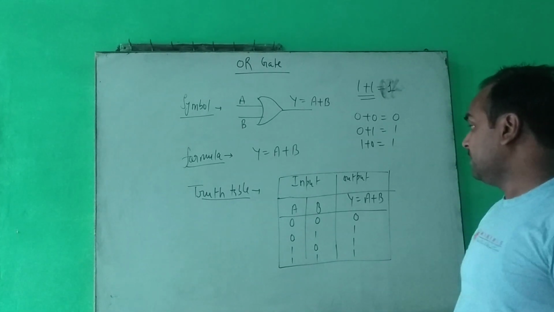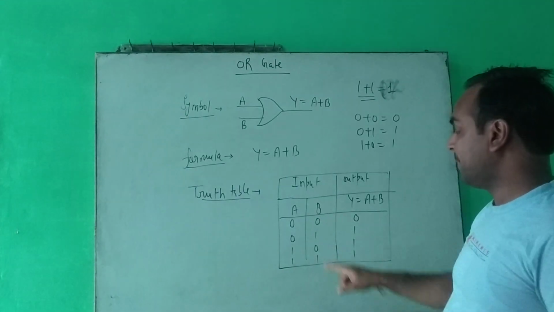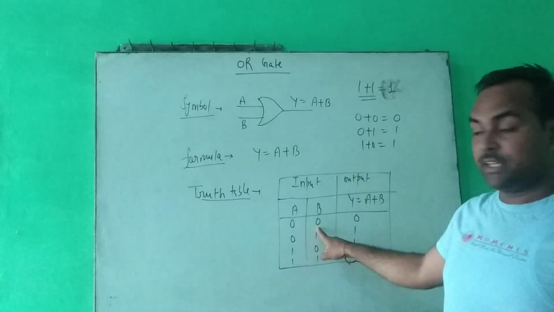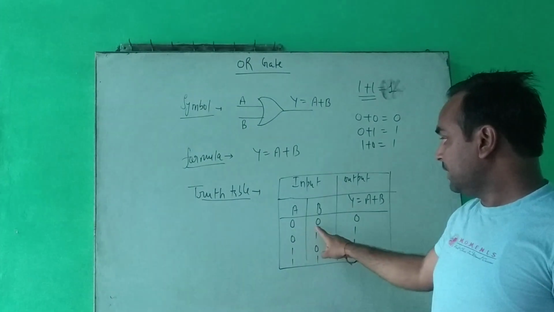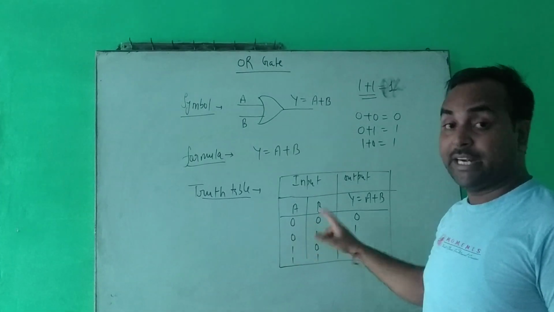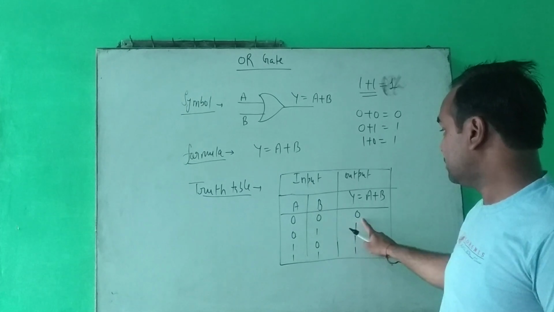Now let us see what is happening in this truth table. If both the inputs are 0, listen very carefully, if both the inputs are the same 0, then the output of OR gate will be 0.